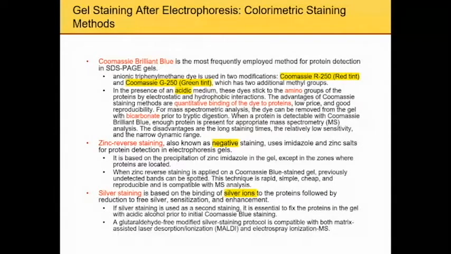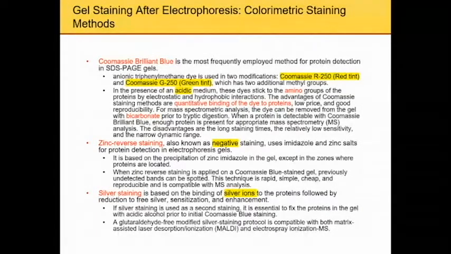Okay, so this dye will bind protein quantitatively. Therefore, the more protein you have, the deeper color you will see. So it's a way that you can quantify the amount of protein. The zinc reverse staining is also called negative staining, and is based on the precipitation of the zinc imidazole on the gel.